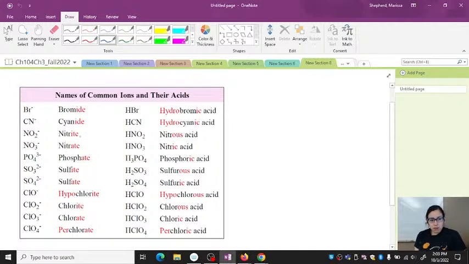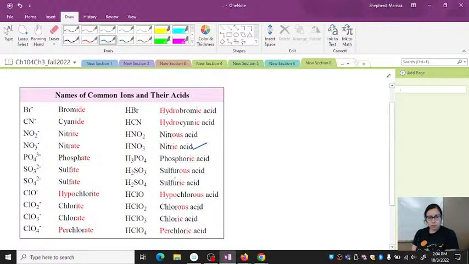The lower oxidation state gives you nitrous acid. This isn't too common, but we do use a lot of nitric acid, HNO3. That's commonly used in our lab. Same thing with phosphoric acid. You can have other versions, but usually you have H3PO4, phosphoric acid.